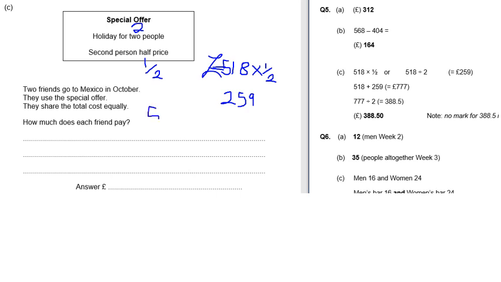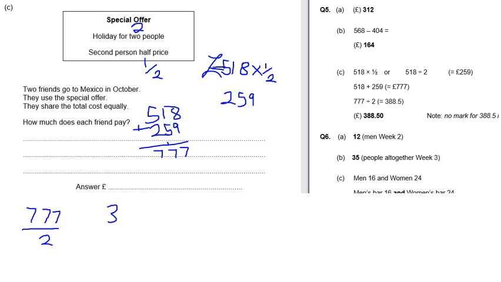So you add these two numbers up. 518 plus 259. 9 and 8 is 17, carry 1, we've got a 7, we've got a 7, running out of space, 777. Divide by 2. I'm going to write it like this today. Half of 7 is 3.5.